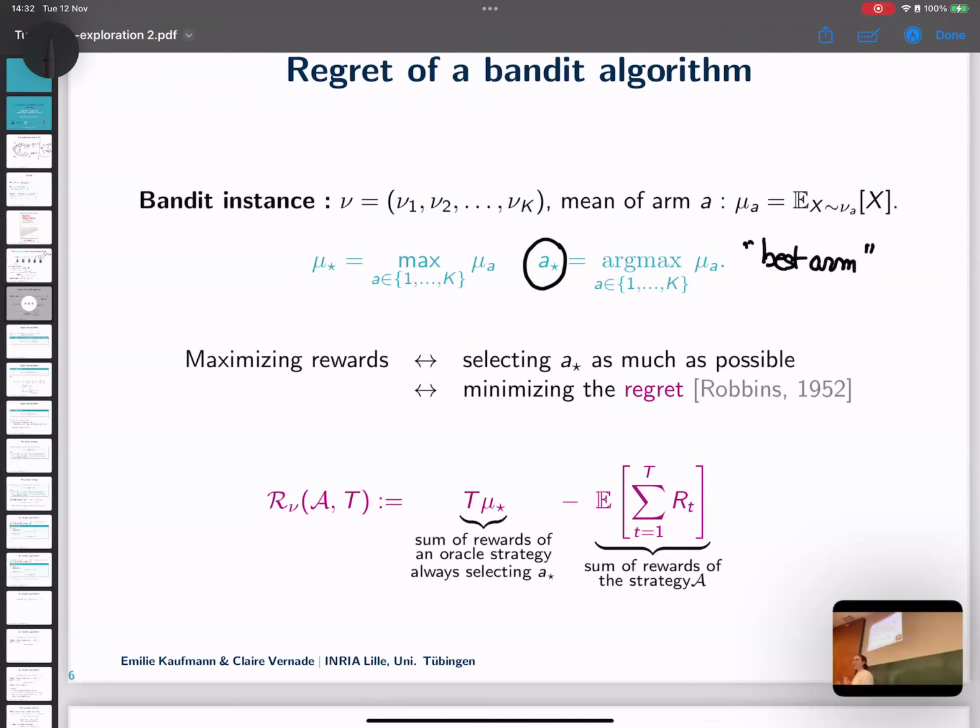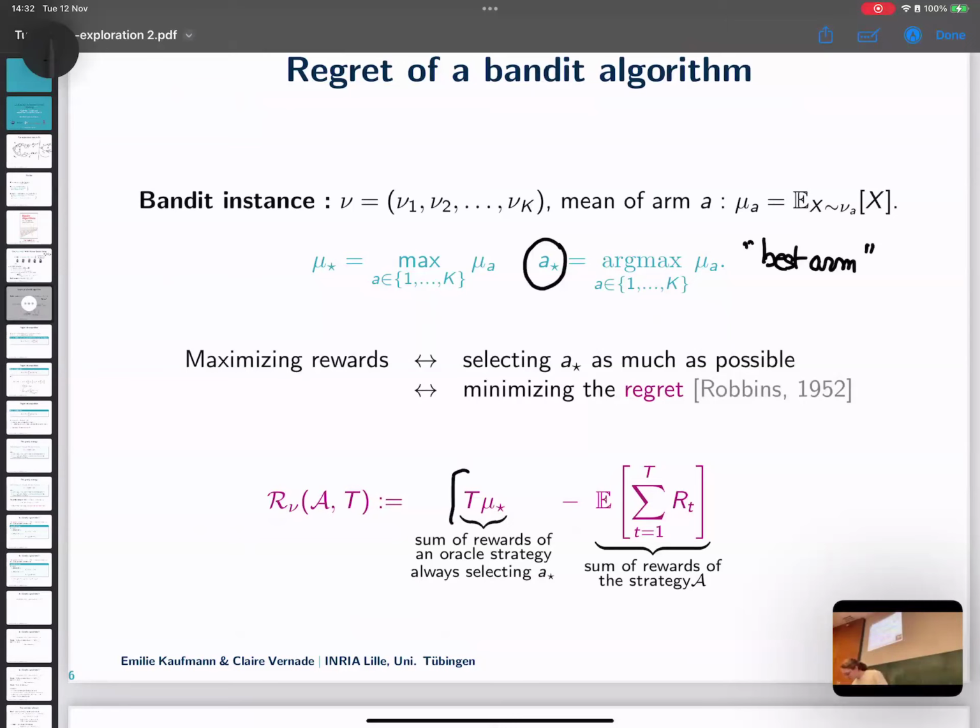And so it makes sense, instead of just trying to maximize the sum of rewards, since here we know what would be the best, to instead minimize the difference between what I would have gained by always pulling this best action, meaning t times mu star, and the sum of rewards.